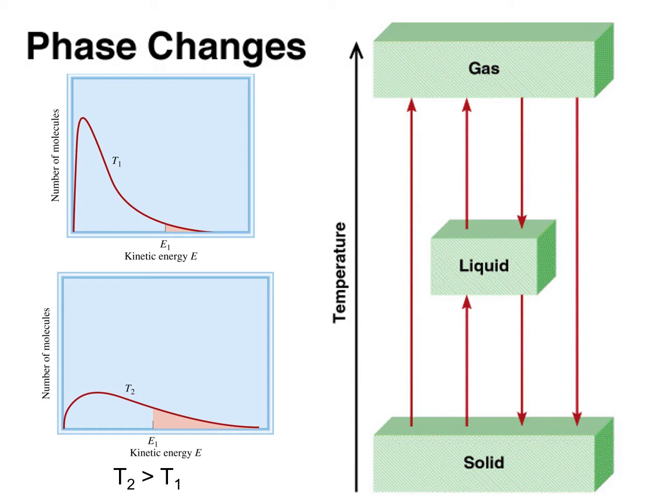So the number of molecules in a particular phase can be related to kinetic energy. So this is the number of molecules associated with T1. And if we look at T2, which is greater than T1, we're going to have fewer molecules in that particular phase. So as we increase temperature, we have a conversion from one phase to another.